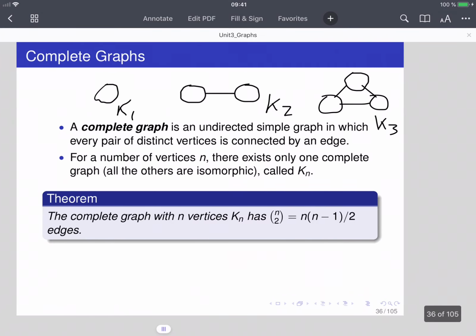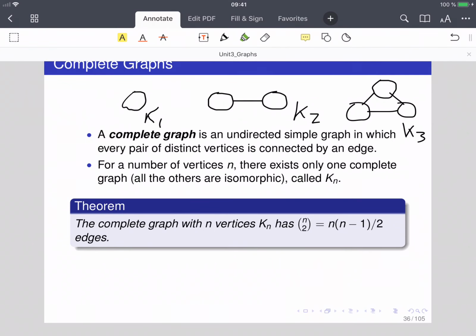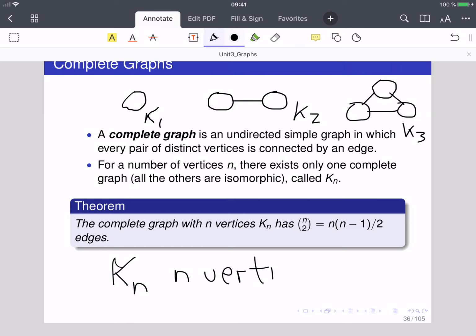For instance, in complete graphs, we of course have that trivially Kn has n vertices. That is by the very definition of Kn, it's a complete graph with n vertices.